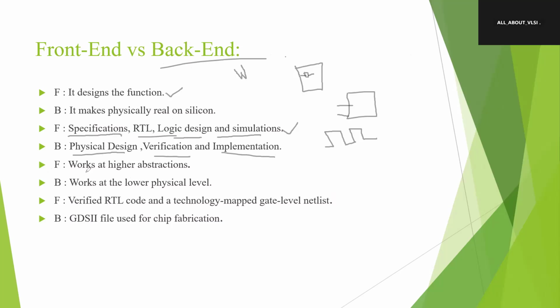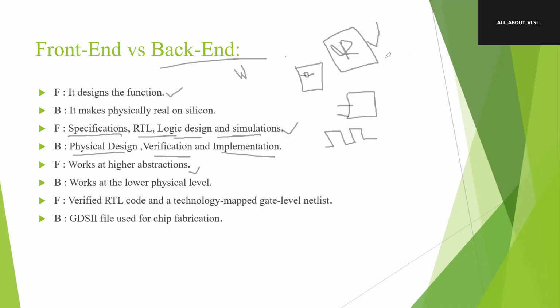After that, front end people work at higher abstractions. They don't know the inner side of the logic. Consider one OR gate, right? The people know how an OR gate logic works, but they don't know that an OR gate consists of some transistors, right?